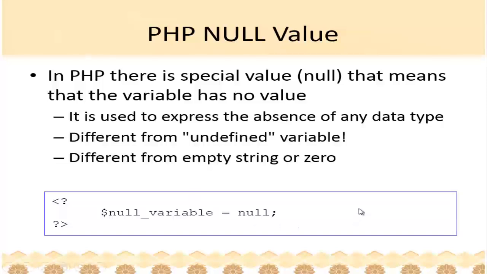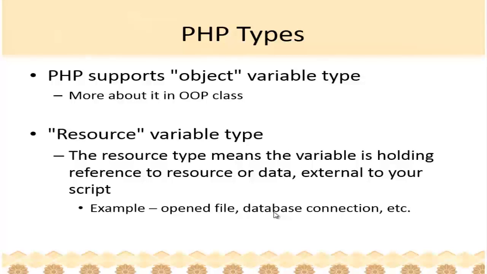However, you can explicitly assign the value null to a given variable. Null is case insensitive. Usually capital NULL is used, but that is not case sensitive. You can type it any way you want to assign it as null. How to create an object and how to use it, I'm going to talk about slightly later. The last type is the resource.